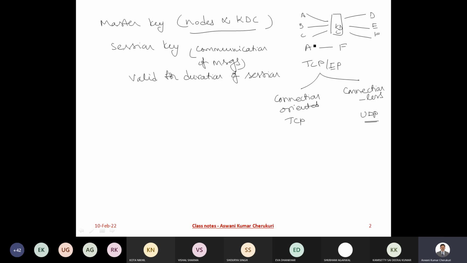So for every hello request, there should be an acknowledgement. That means for every sync request, there is an acknowledgement. For every message that goes from one side to the other, there is a response, there is an acknowledgement.